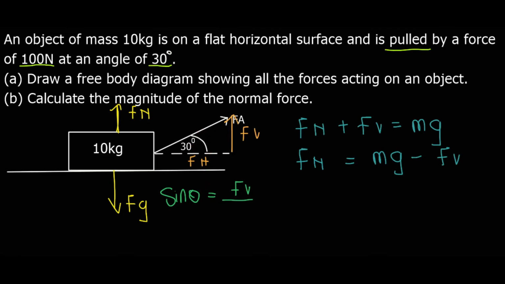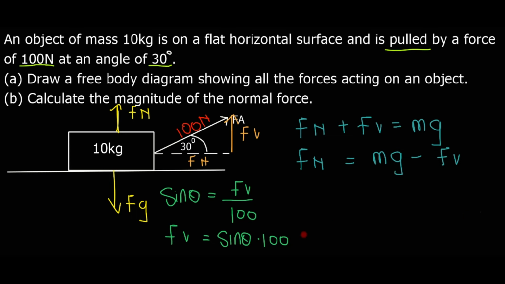Remember they gave us that this object's force is 100 newtons, so our hypotenuse will be 100 newtons. From there, finding Fv, I can cross multiply, and then we say sin theta times 100.